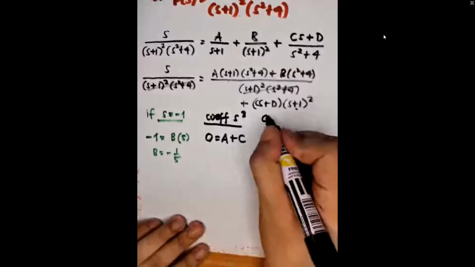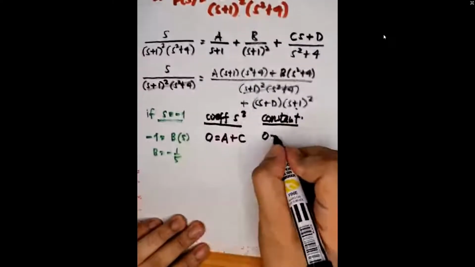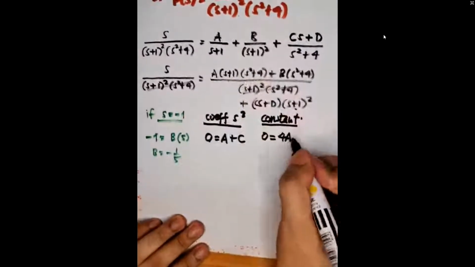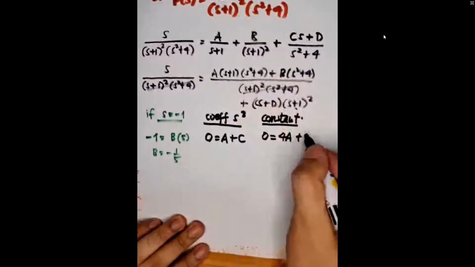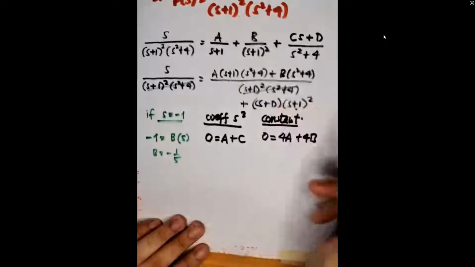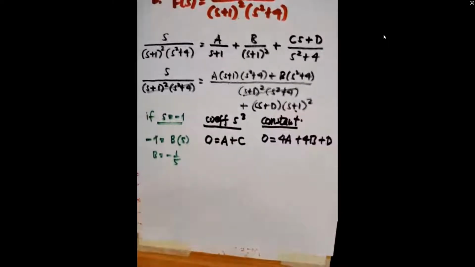About constant: kung constant naman, 0 is equal to 4A plus 4B, plus 1 times D, so plus D.